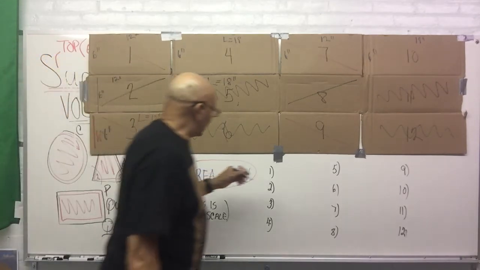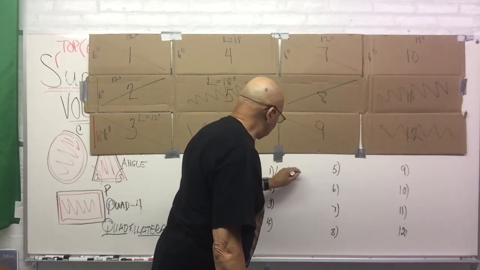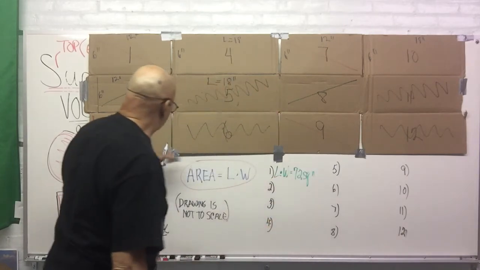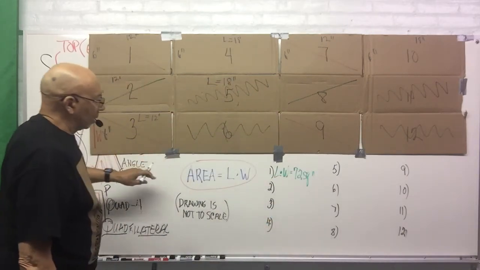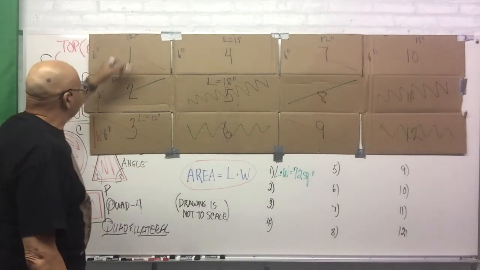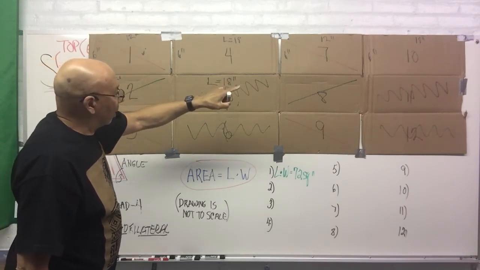So length times width for number 1 equals 72 square. Remember, area is in square measures. So number 1 is 72 square inches. So I would check off number 1.